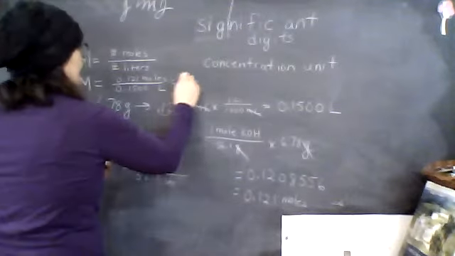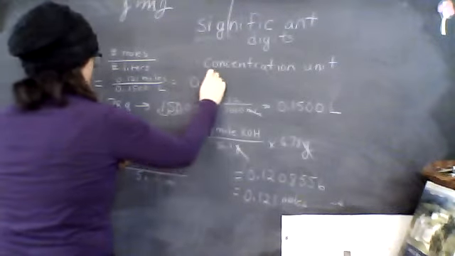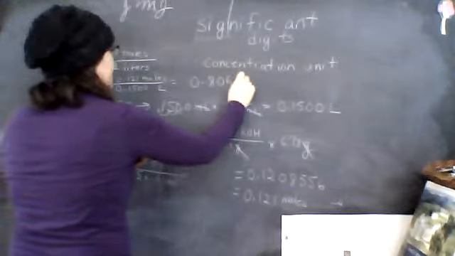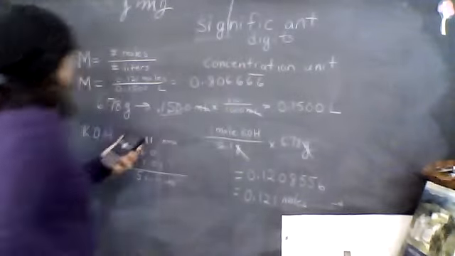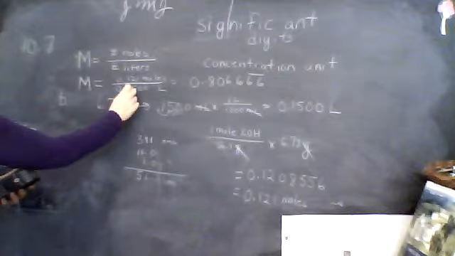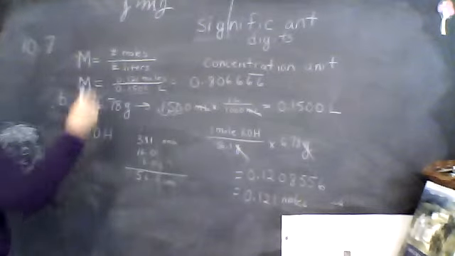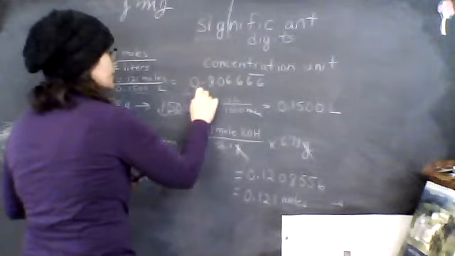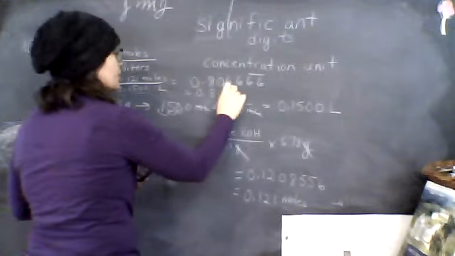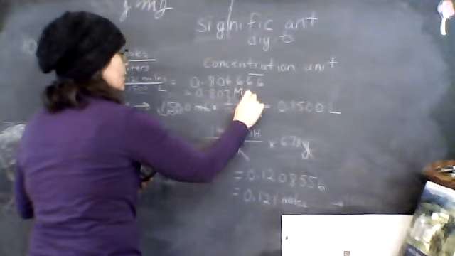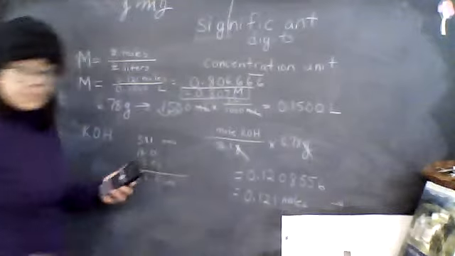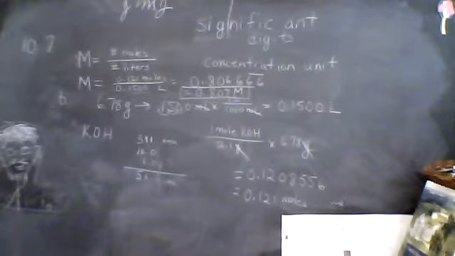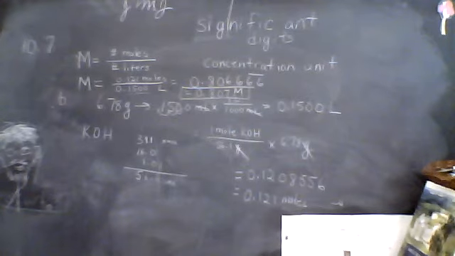That gives me 0.806666 repeating. So I have 4 significant digits here, and I have 3 here. I want to have 3, so I'm going to call it 0.807 molarity. And that is my answer for letter B.